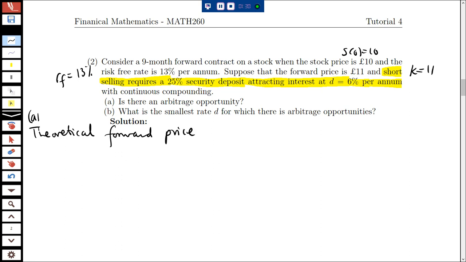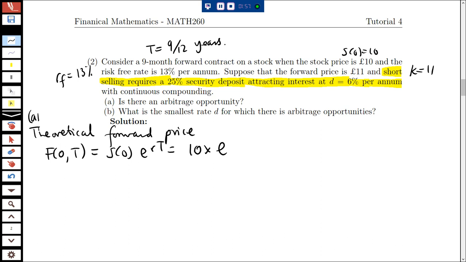Okay, so let's do that from time 0, which we're assuming is now, up to expiry. Are we told expiry? Oh yeah, expiry is here in 9 months.